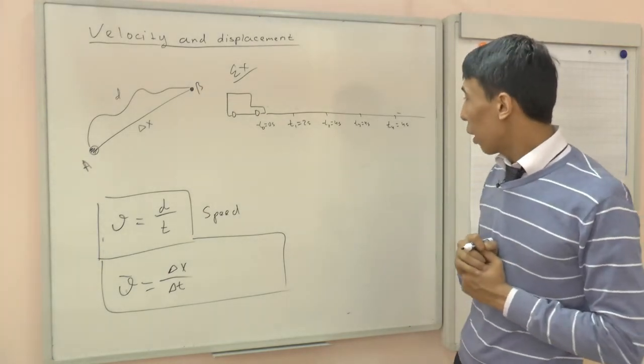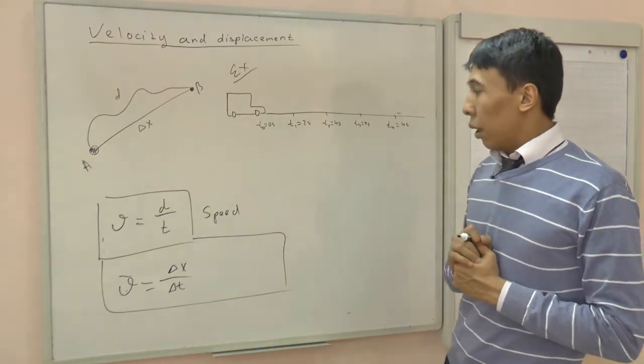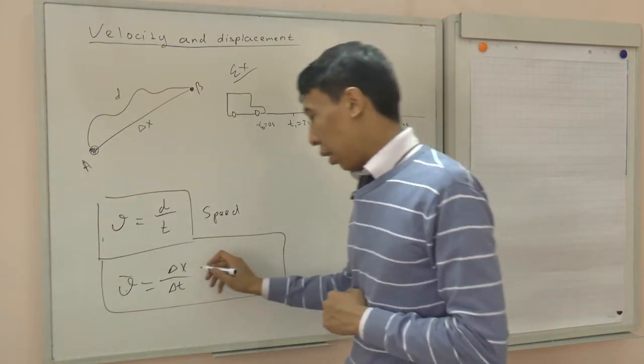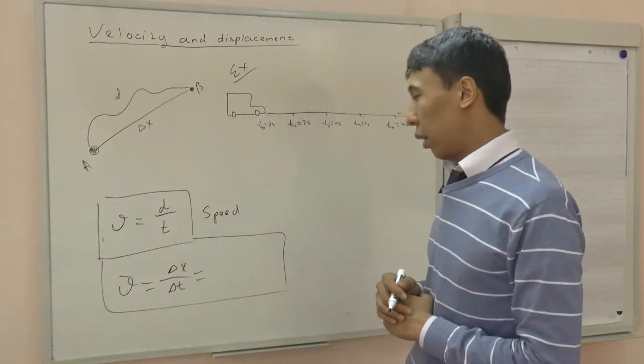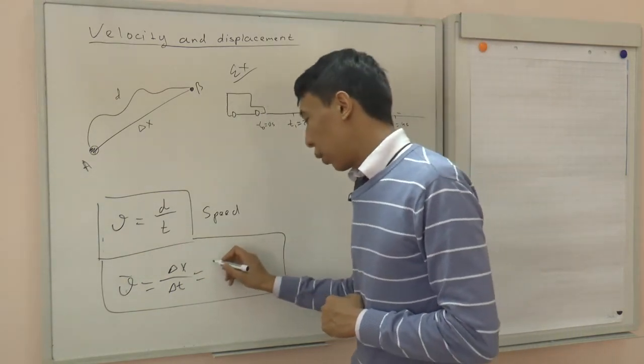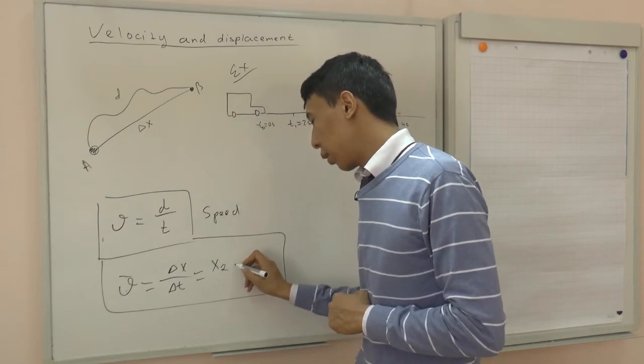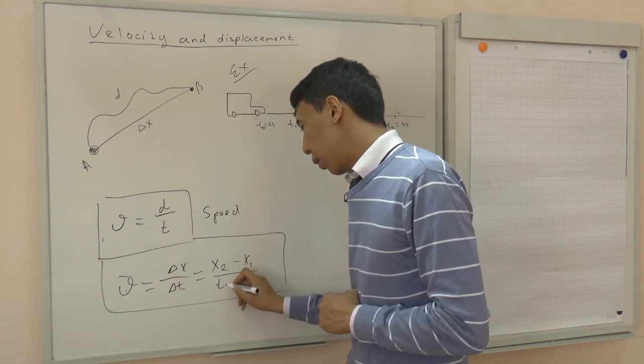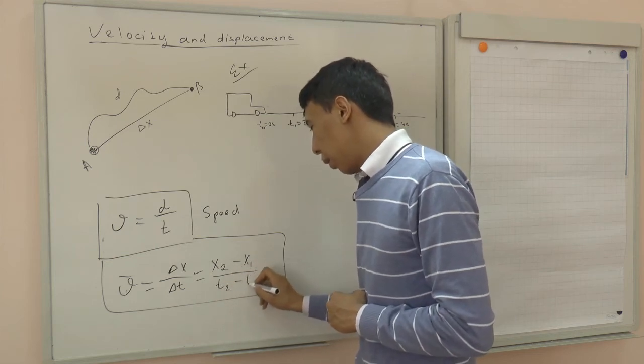Okay, and now let's open this equation. If you open this equation, we can write it like that: x2 minus x1 over t2 minus t1.